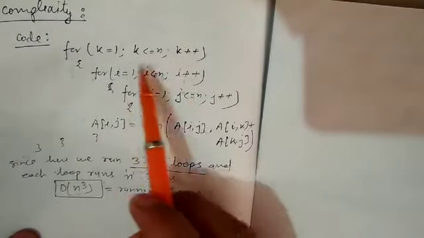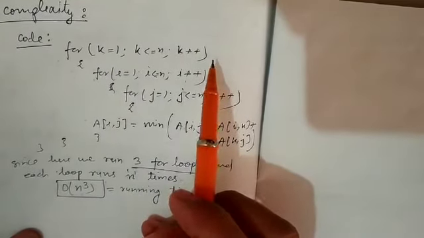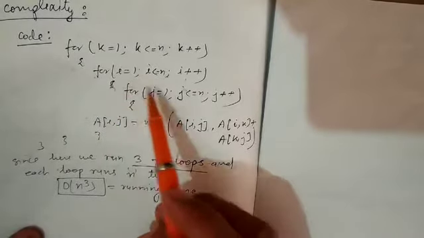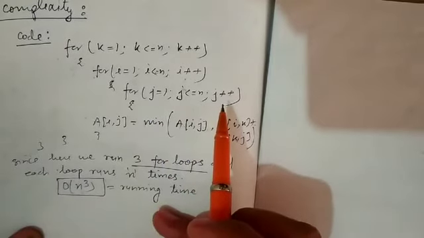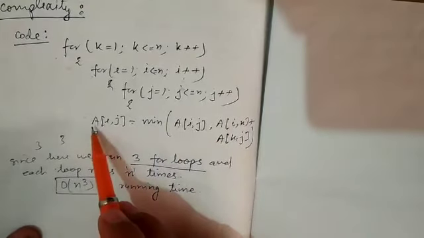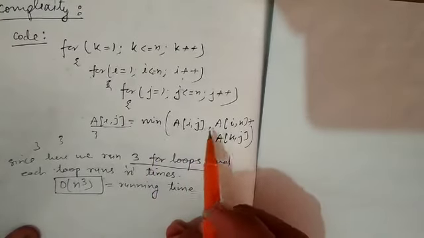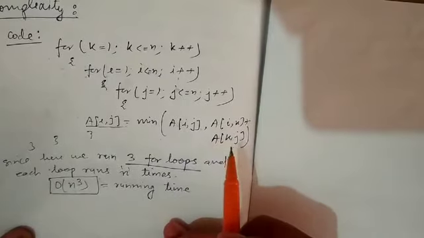So the outer loop runs to calculate the kth matrix. The 2 inner loops, i and j: the first loop runs over the row number, the second over the column number. We calculate the value of A ij as the minimum of the previous value of ij or the previous value of ik plus the previous value of kj.